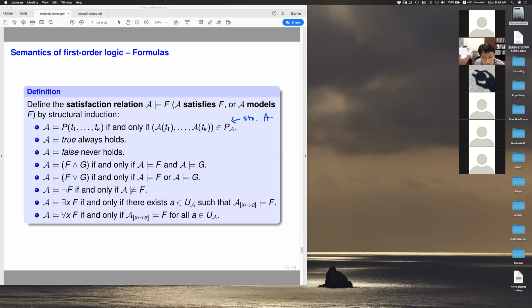So we look at their meanings and see whether these tuples that we obtain by applying the semantics of the terms to t1 up to tk are related by the meaning of the predicate P in our structure. So if we have less than and terms t1 and t2, then this definition says we look at the meaning of t1, the meaning of t2, and then see whether these two meanings are related by the meaning of less than in our structure.